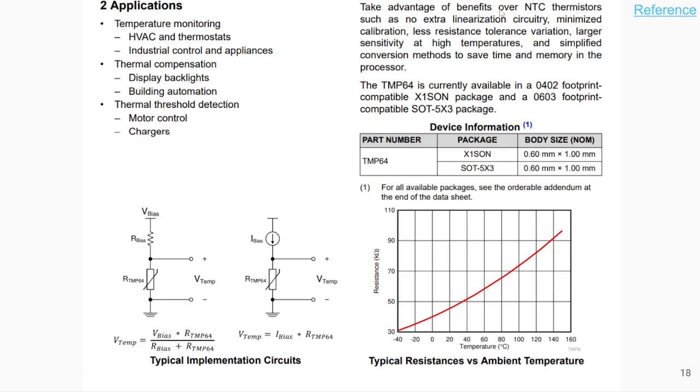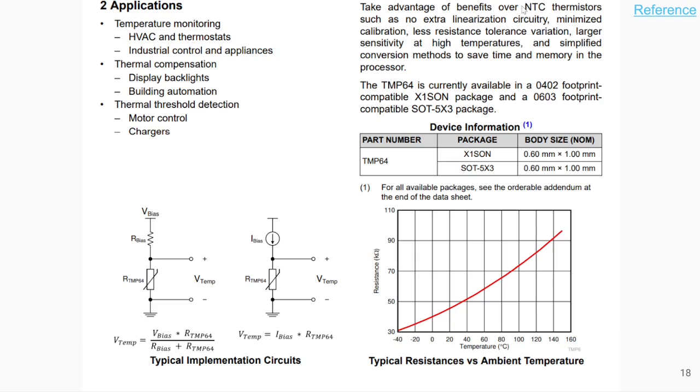Take advantage of the benefits of NTC thermistors, such as no extra linearization circuitry. Again, using NTC thermistors, we don't require any extra linearization circuitry. Minimum calibration required, less resistance tolerance variations, larger sensitivity at high temperatures, and simplified conversion methods to save time and memory in the processor.